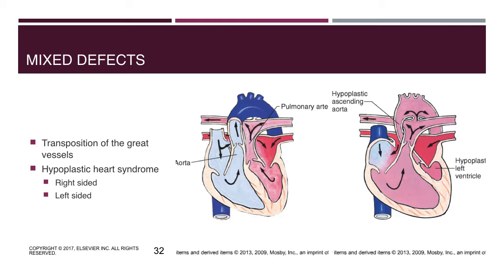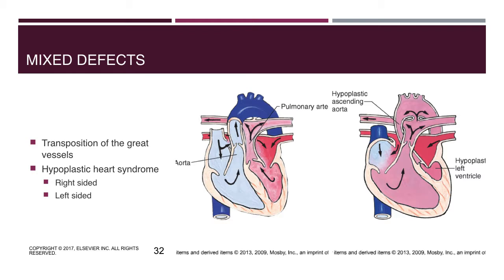So even though it's functional, it doesn't hold enough volume to provide oxygenation to the body. The other thing that happens is that their ascending aorta is also small, and so they really are not getting the blood flow out to the body.